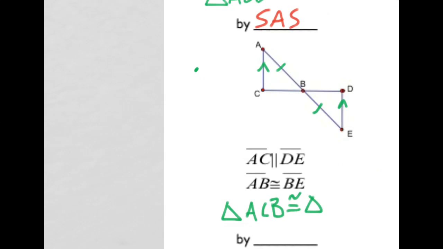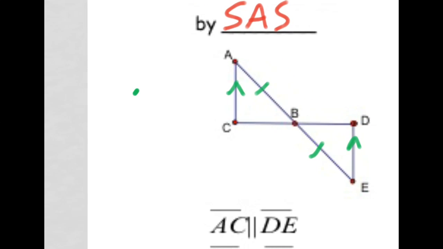And remember what we know about parallel lines. We know that alternate interior angles of parallel lines are congruent. So we get those two angles are congruent. We also get those two angles are congruent as well. And we have vertical angles there. Holy moly, lots of congruent angles.